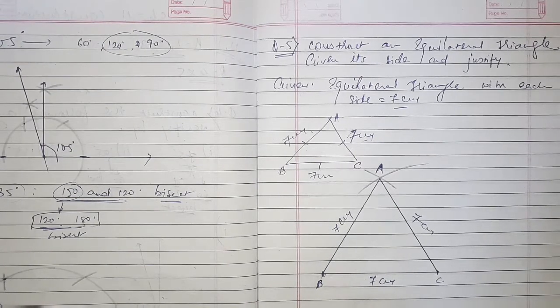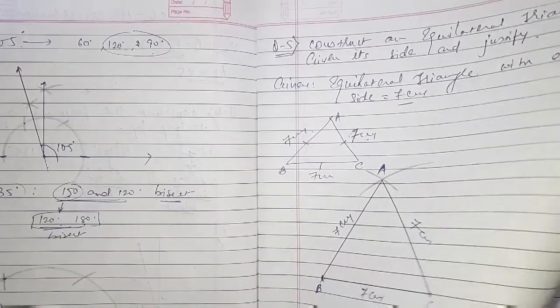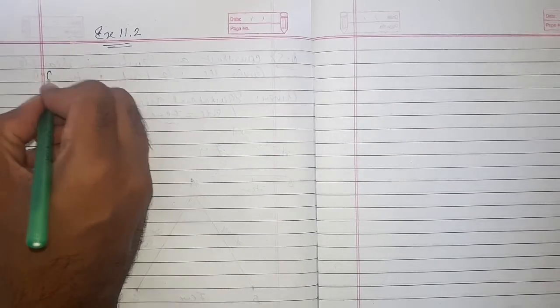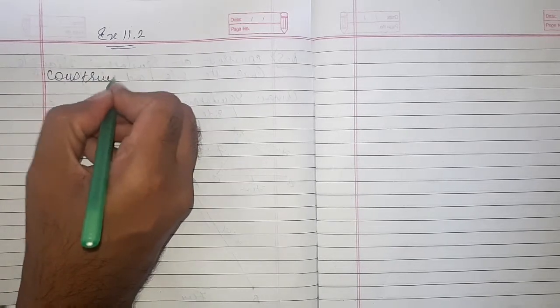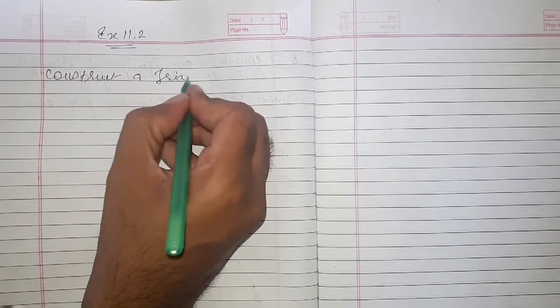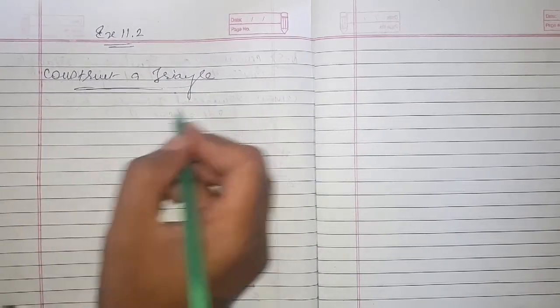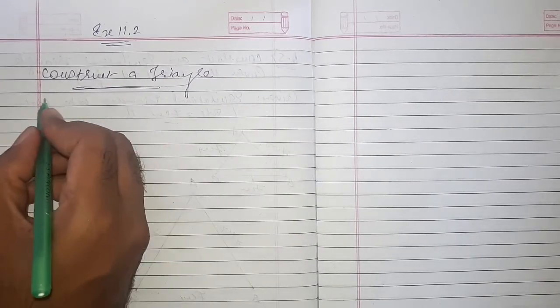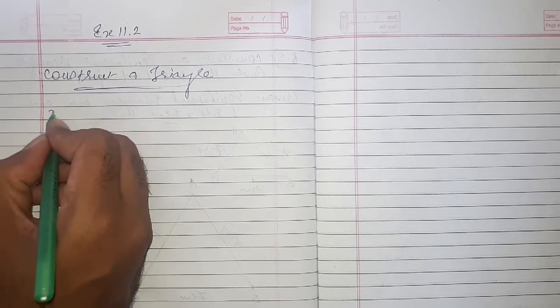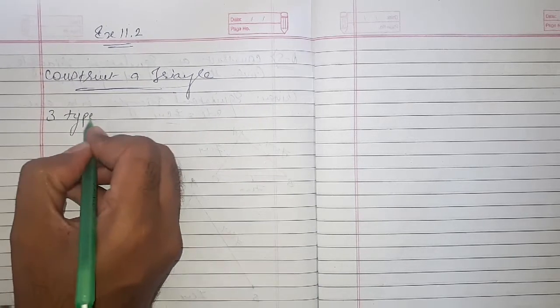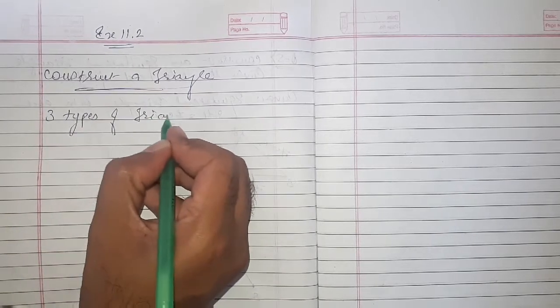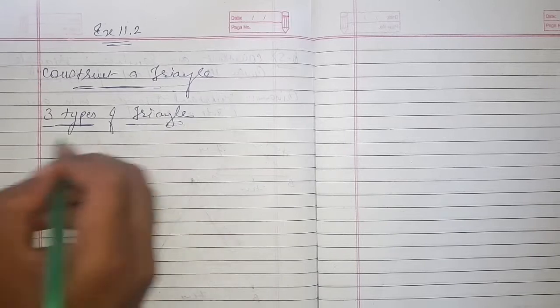Now we are moving to exercise 11.2. In exercise 11.2, we have to construct a triangle. As per the previous session, I already gave you the basic concept of the triangle, that we have to draw three types of triangle. So what are the three types?